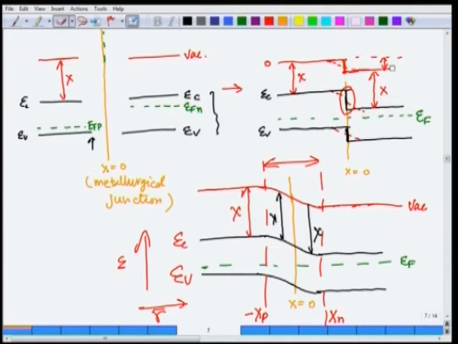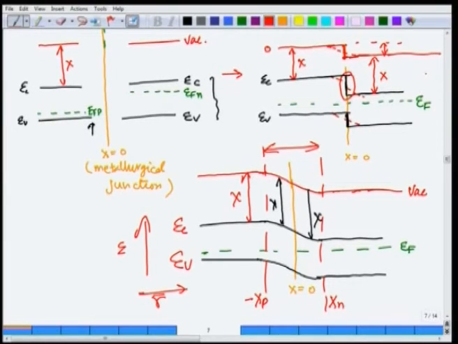So this is right here. This is the vacuum level, and this energy is often written as q times V Bi, the built-in voltage. Remember, voltage multiplied by q is energy. So that is qVbi.